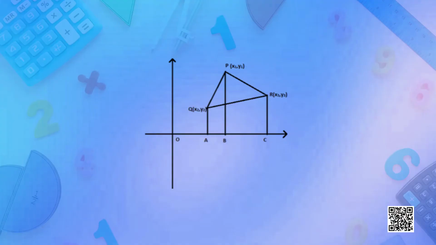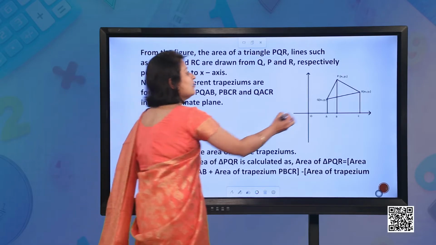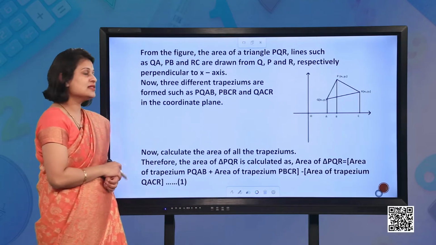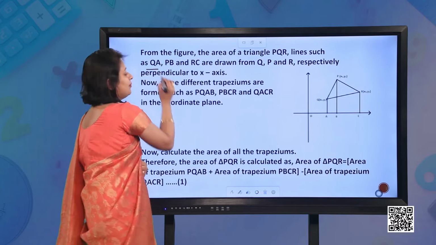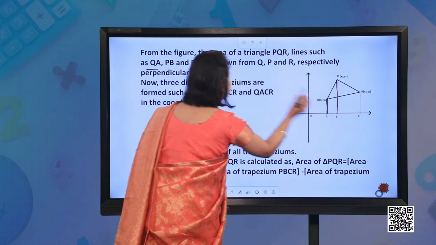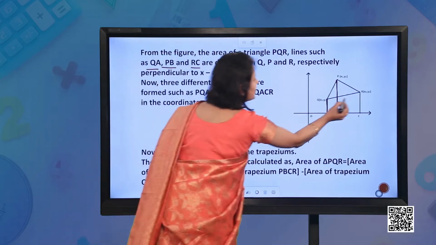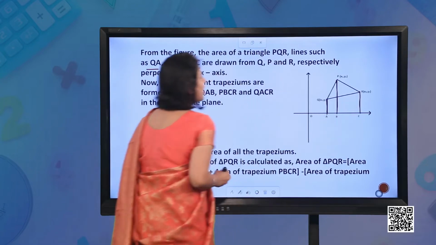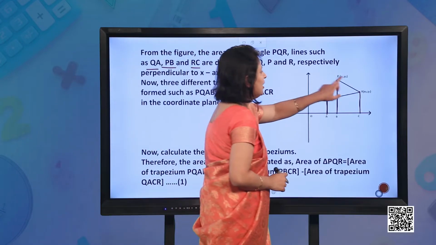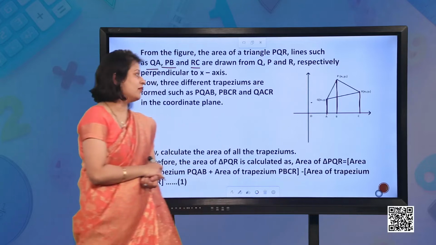Now we have to see the figure. From the figure, what can you see? For the area of triangle PQR, we have to construct lines QA, PB and RC from points Q, P and R respectively.